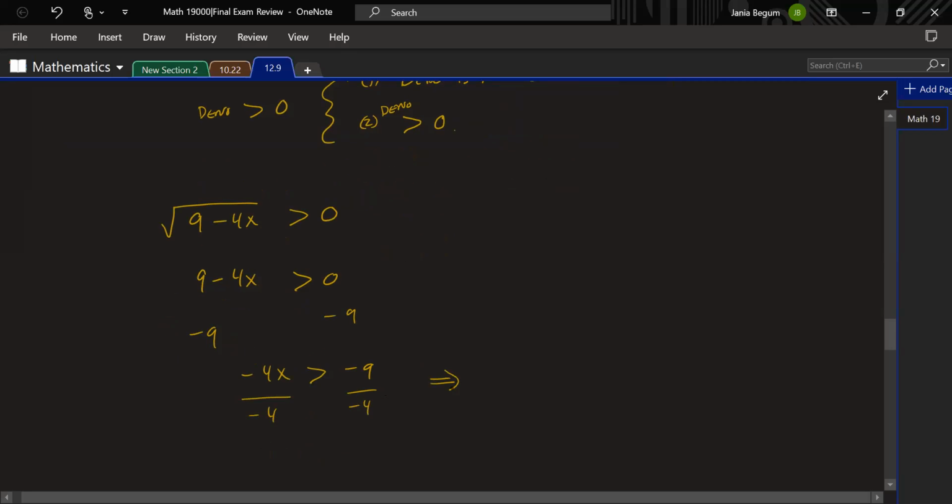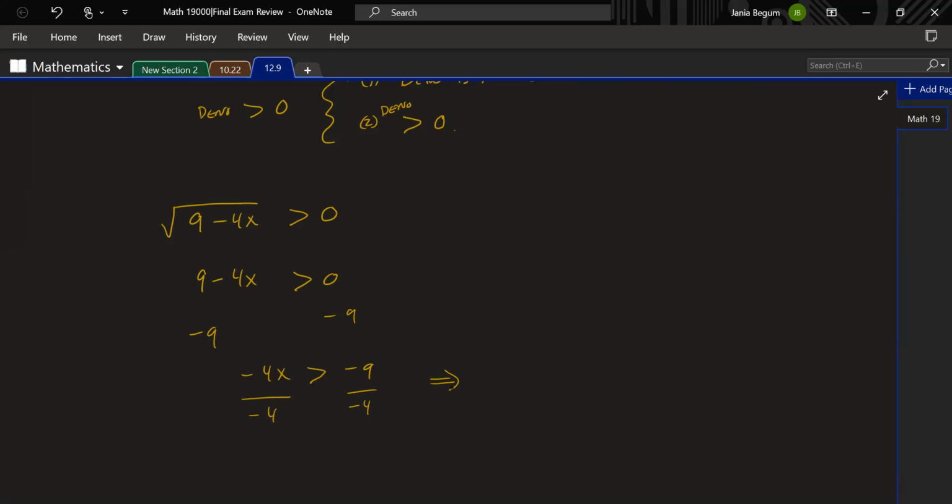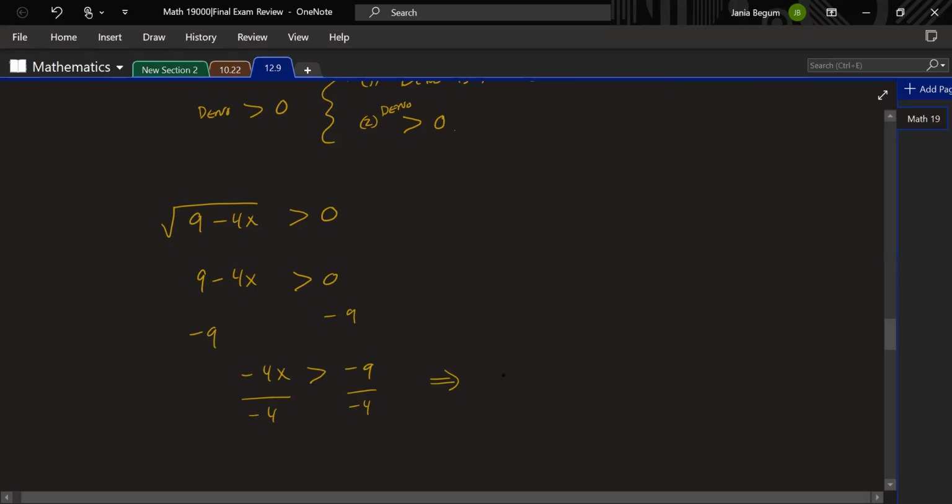And when you divide, you have to make sure to do what? Do you guys remember? Flip the sign. Right, because it's an inequality, we have to flip the inequality sign. So now it becomes x less than 9 over 4.